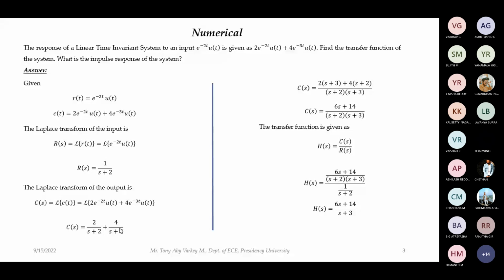Because we know that the Laplace transform of the impulse response is the transfer function. So the impulse response will be the Laplace inverse of the transfer function. So that is correct.